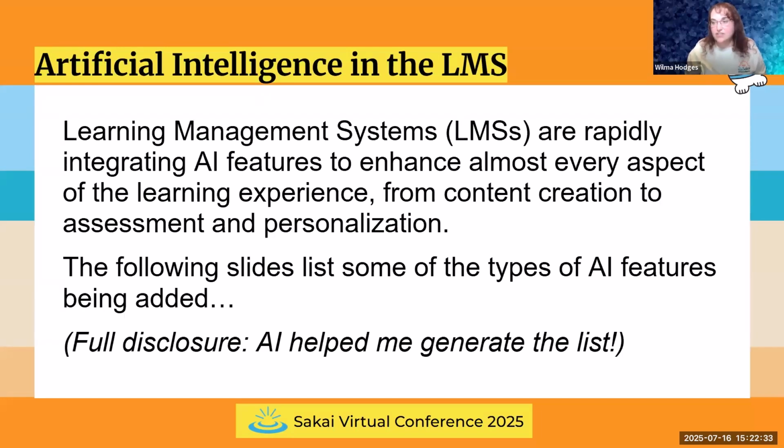And so full disclosure here, AI actually helped me generate this list. So I'm not taking complete credit for the bullets that follow. Gemini actually helped me with this a little bit just to get a list of features, and I tweaked it slightly. It's not verbatim, but yes, I did use AI in this presentation. So keep that in mind.